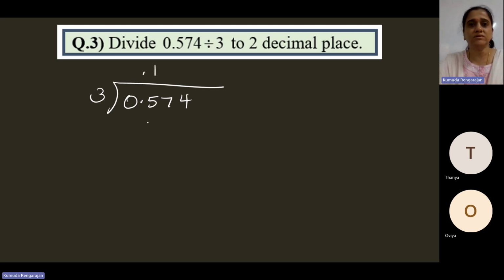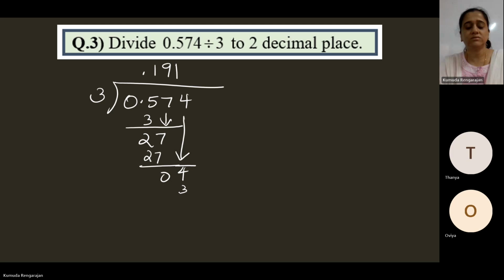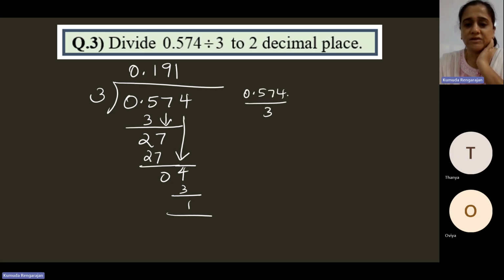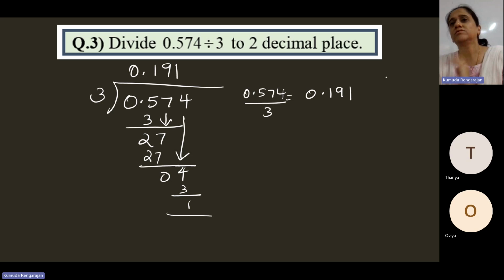Now 3 ones are 3. 2 remains. 7 comes down. 9s are, 4 down. 1s are. No, because they want only two decimal places. So 0.574 by 3 is equal to 0.191.